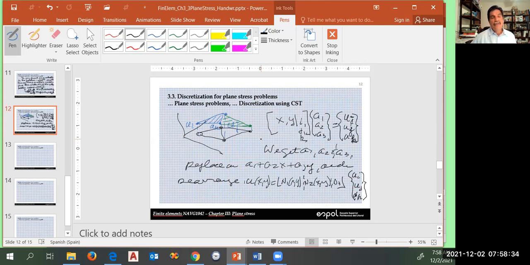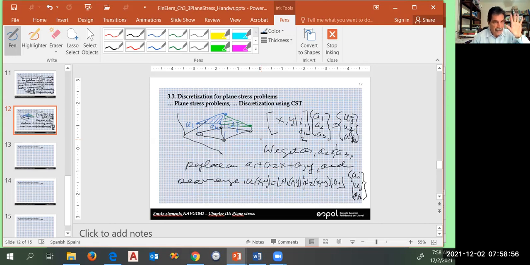For example, you could use not only the joint at the corner, but also at the middle point, at the centroid of the triangle. So you have 4 values. So you can include another term, which is nonlinear, in the interpolation. And you can go on.